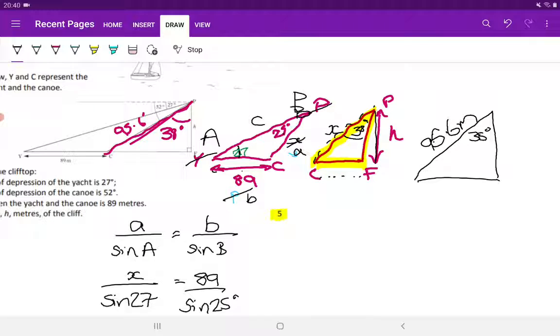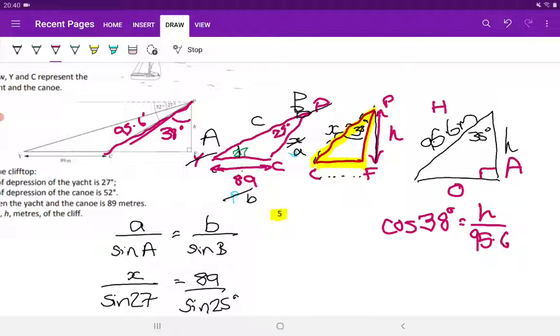So now, with that information, 38 degrees, 95.6 metres, I can work out the height of the cliff, either using Sine Rule again or using Sohcahtoa, because there's my right angle, this is the opposite, this is the hypotenuse, this is the adjacent this time. So if we've got the adjacent, we're using cos. Cos of the angle, which was 38, is adjacent over hypotenuse, which is 95.6 over h.